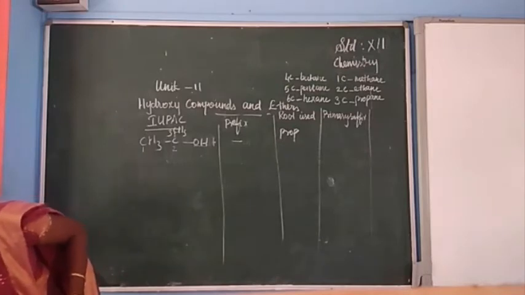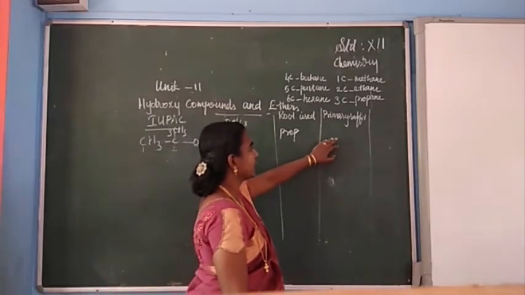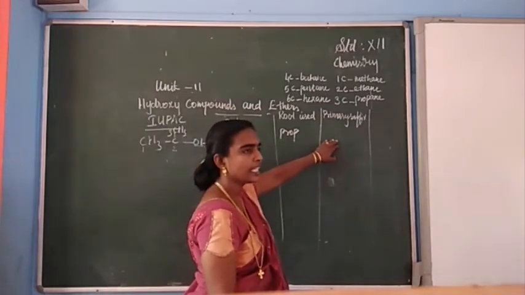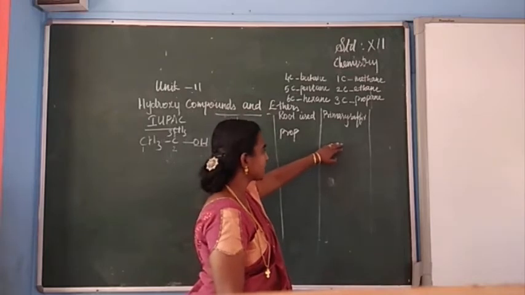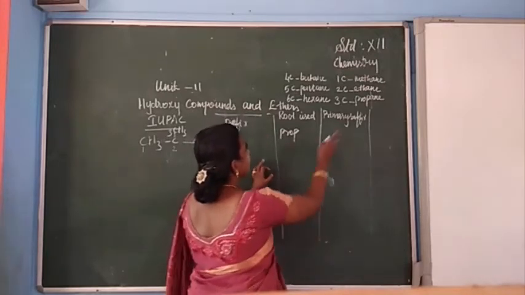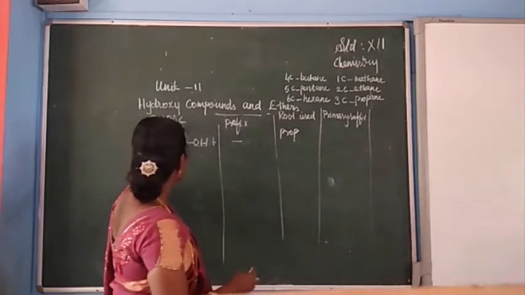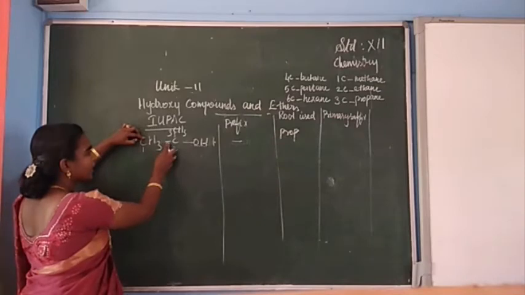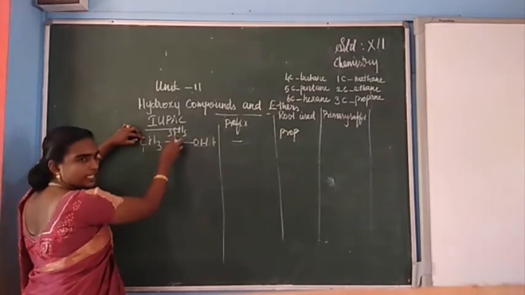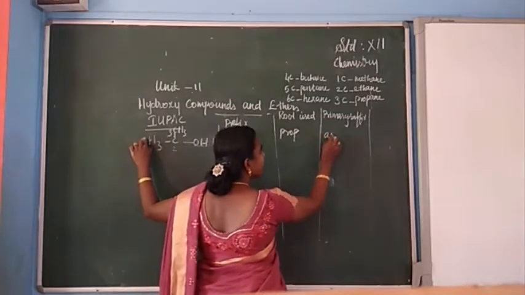Primary suffix: if it is a double bond, it must be ene, or if it is a single bond, it should end with ane. So propane, it is a single bond. In between the carbon atoms, these 2 places single bond is there. So primary suffix is ane.